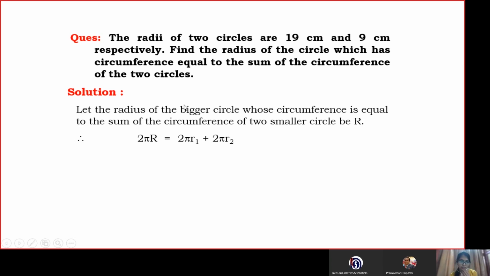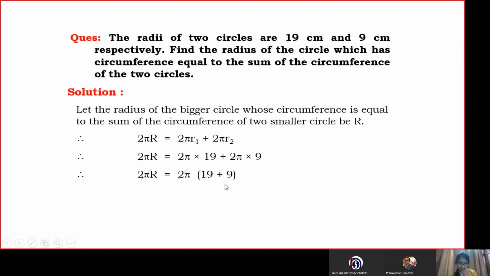So let us take the radius of the bigger circle to be capital R. Now we know that the circumference of the bigger circle will be equal to the sum of the circumferences of the other two circles. Can I take out 2 pi common? If I take out 2 pi common, what will we be left with inside the bracket? 19 plus 9.